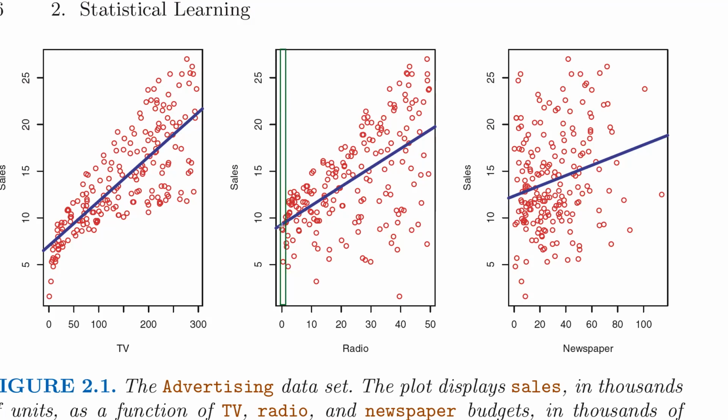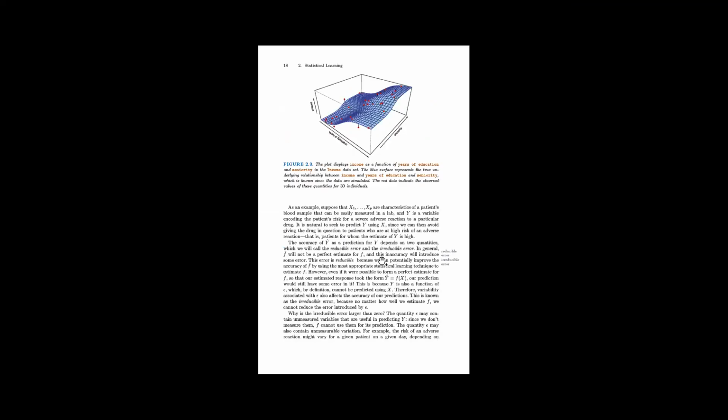At zero, we get this beta naught value. This would be beta naught, over here just under 9, just under 10. And that's telling you that, if the blue fitted model is giving us any indication of the underlying reality, we would expect that when our sales budget is 0, we would have beta naught units of sales using this specific marketing example.